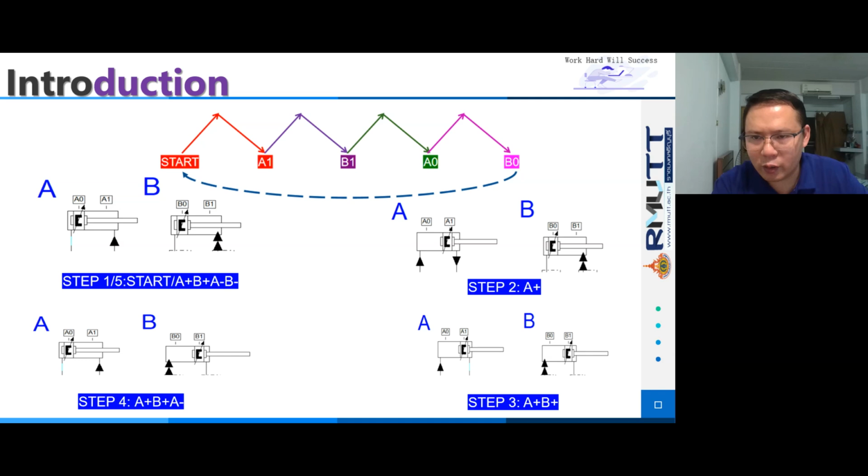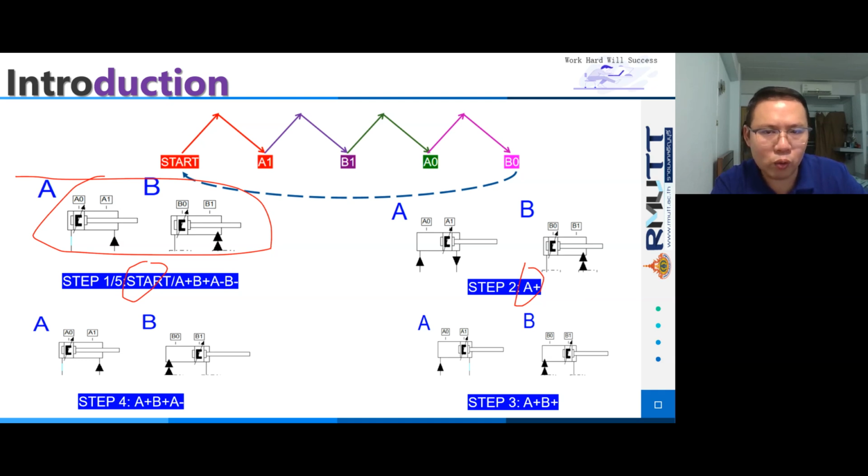Step 1 is start. Before the start, cylinder A and cylinder B do not work. But when we start, the A plus motion is working. The air stream moves from A0 to the A1 position, and cylinder B does not work.